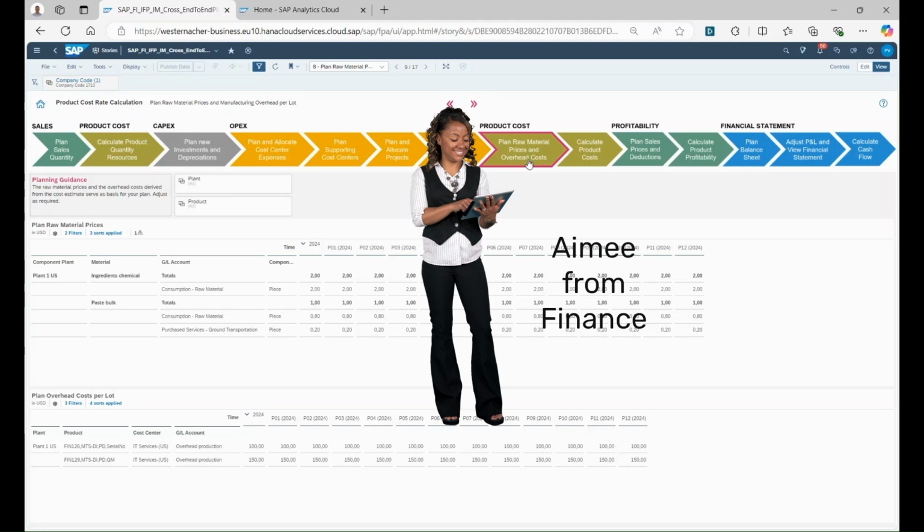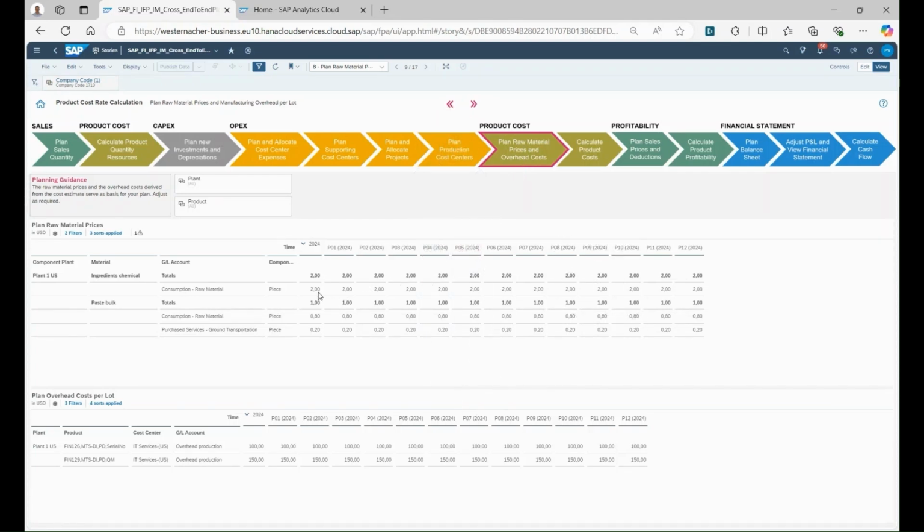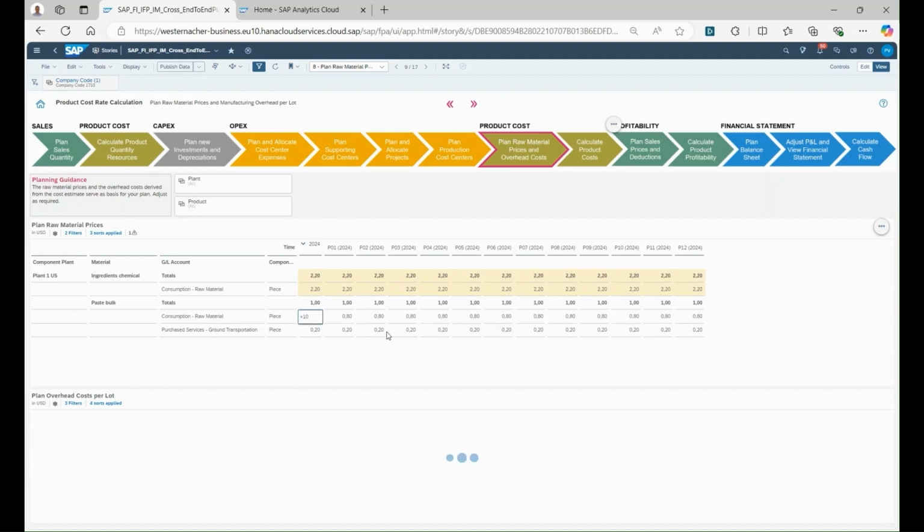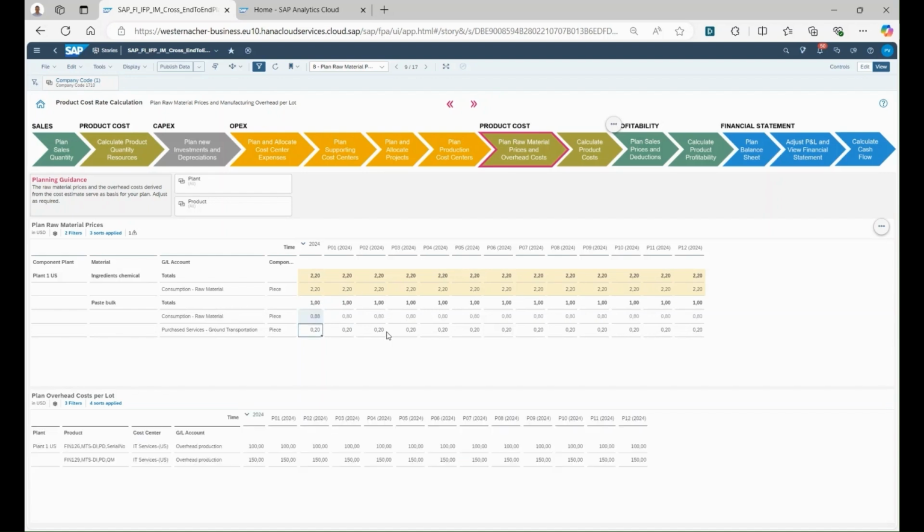Right, well, that's the pricing side done. Bear in mind, I did say that Amy is still going to be working on the product costing side, because we're expecting our raw material costs to rise by 10%. And Amy wants to simulate this. As you can see, Amy's jumped into her product costing application and she's increased raw material costs by 10%.